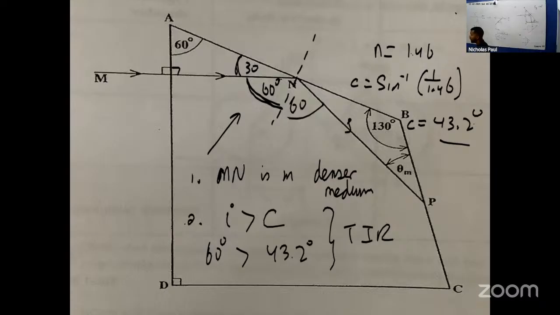All right, find the last part, find theta m. Find theta m. How do you know? Find theta m quickly, Nathan. Theta m.